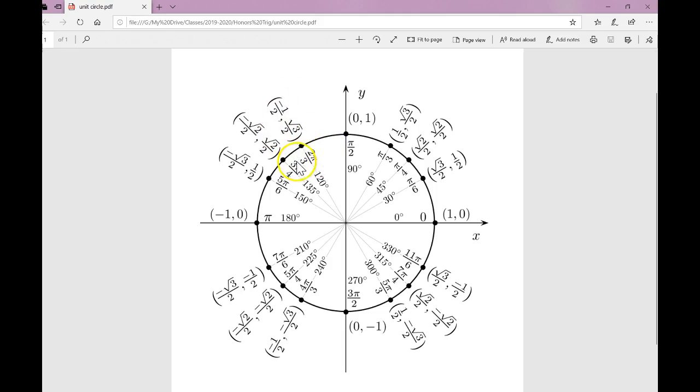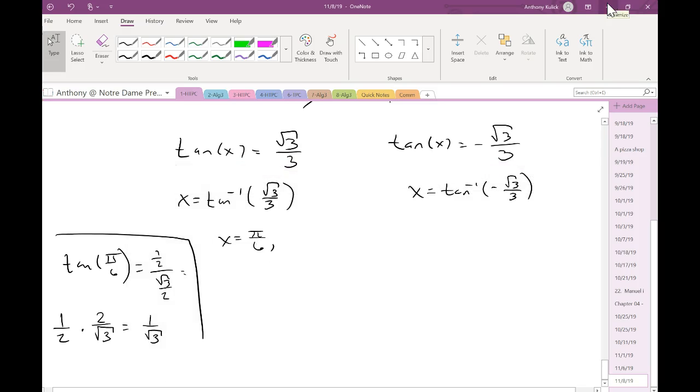Okay, so that's another spot. And then where else? Here at 7 pi over 6. And then here at 11 pi over 6. Everybody agree with that? So we have 5 pi over 6 for here. We had 7 pi over 6 over here, and then 11 pi over 6 over there.